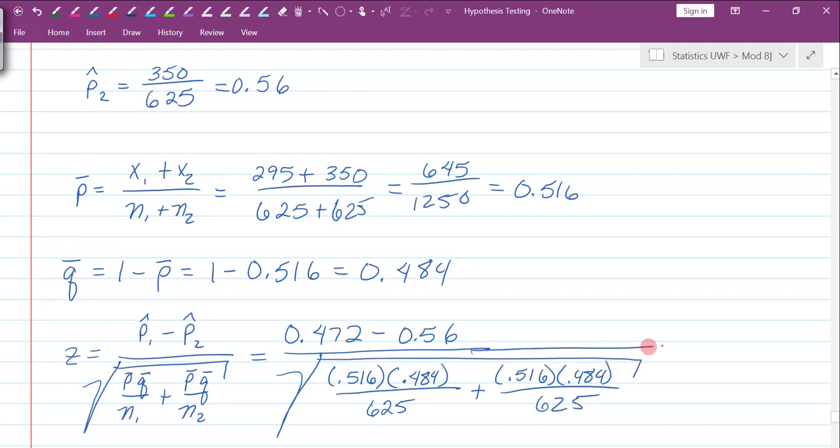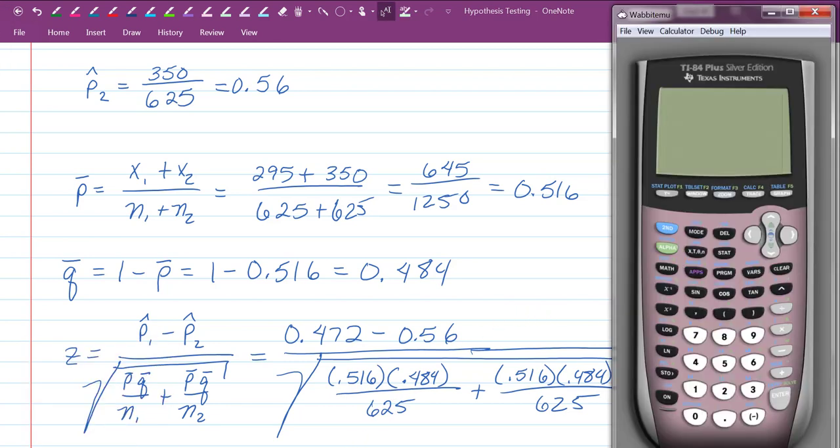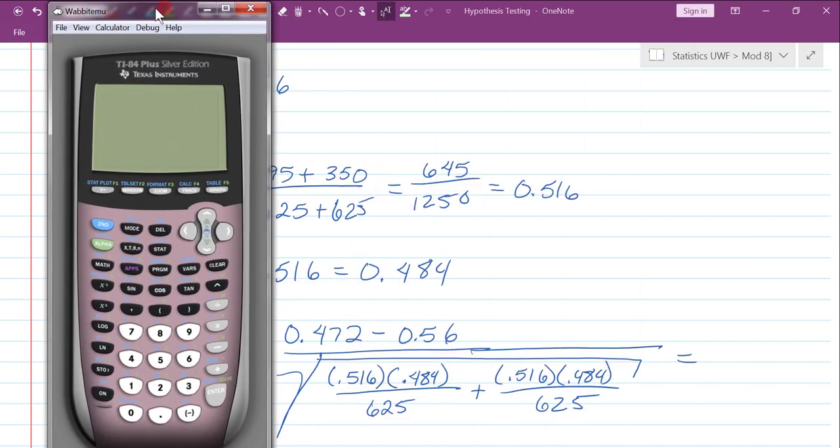And all of that looks like that. Okay, so I'm going to show you how to put this in your calculator, because this has potential for errors to pop up here. So we'll bring our calculator over here real quick.